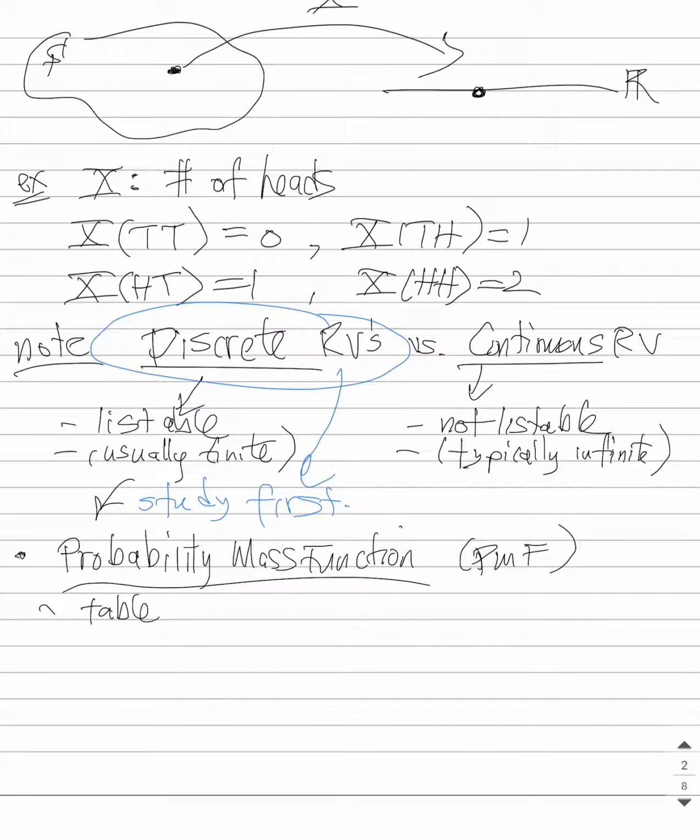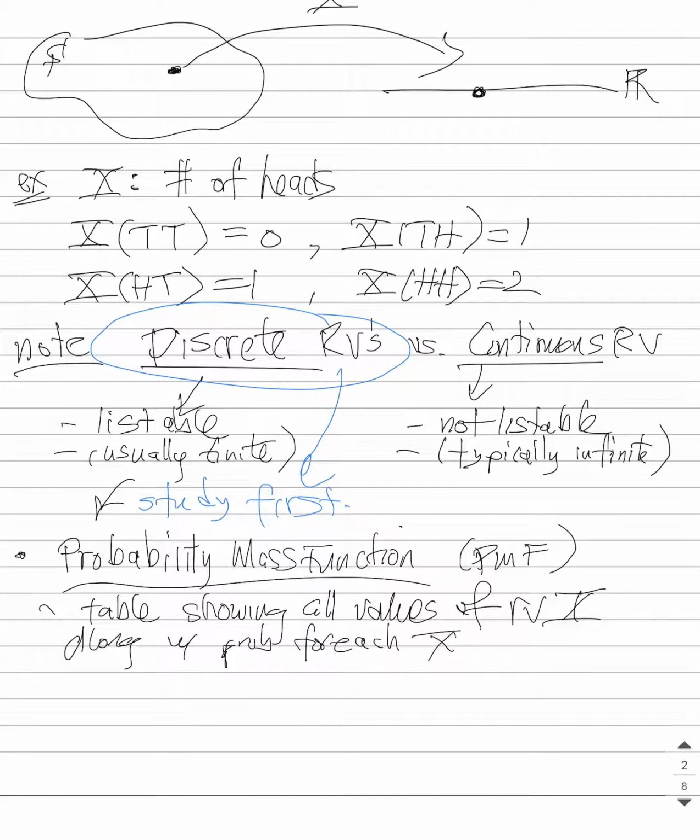The easiest thing for me to say is it's a table showing all the values of your random variable x along with a probability for each x value.